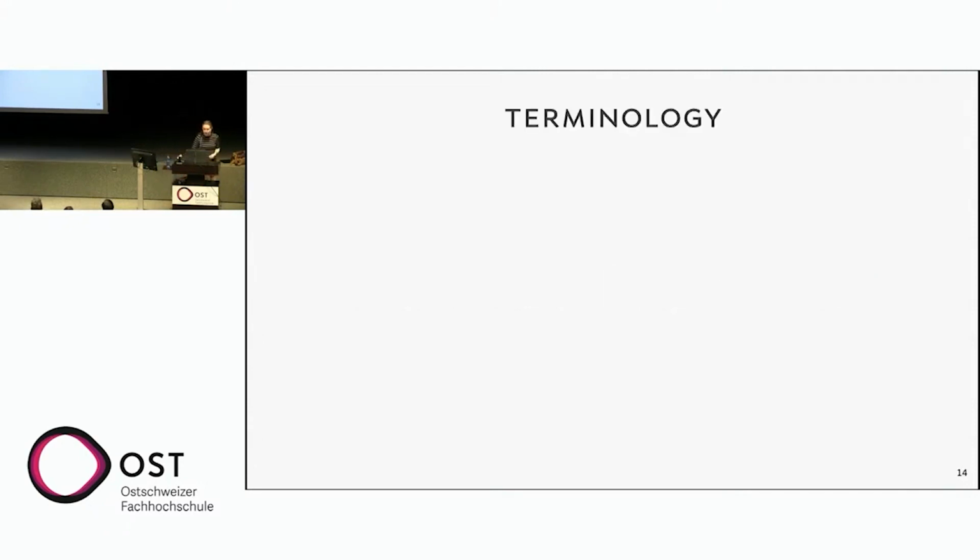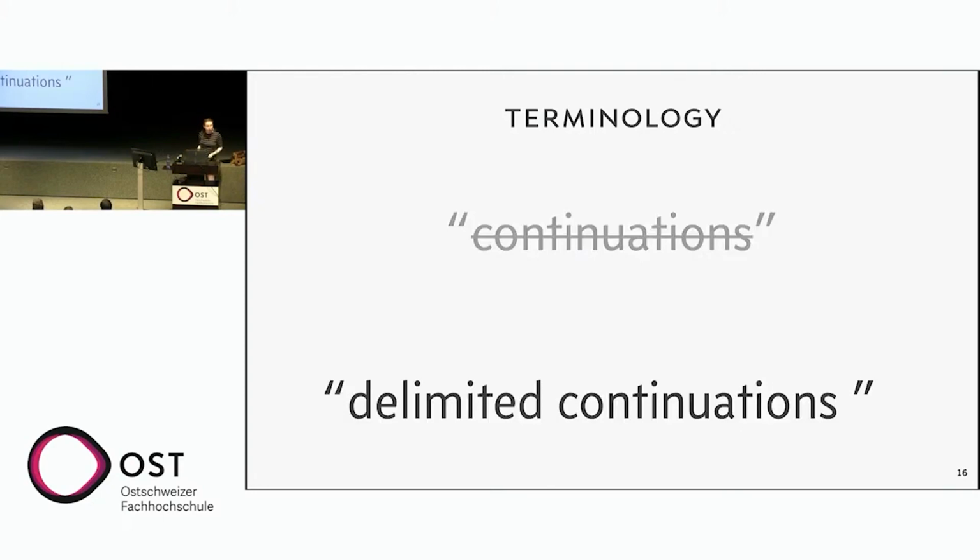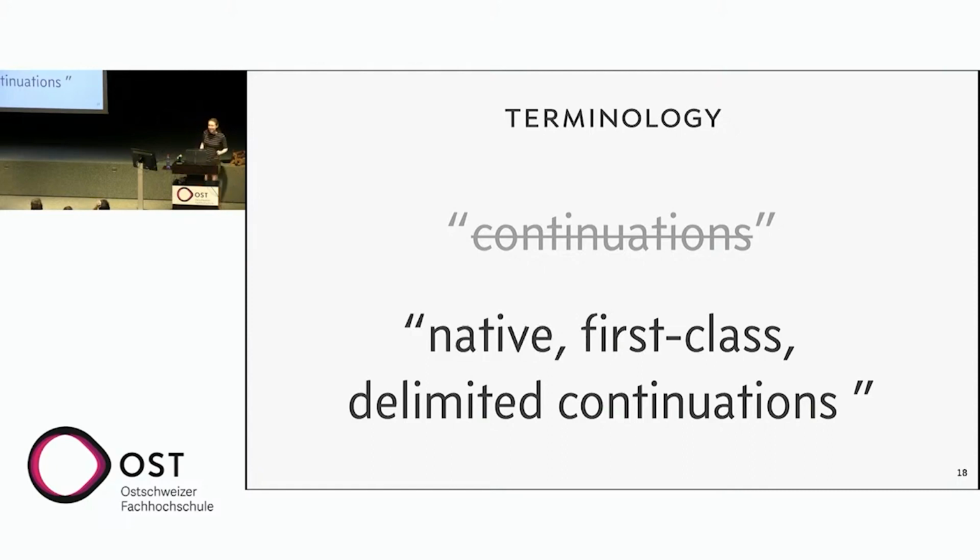To start out, I want to discuss some terminology. A lot of the time people will say continuations, and they really mean this as an abbreviation for, in some cases a few different things, but often for delimited continuations. And in fact, they're usually not even using it as an abbreviation for delimited continuations, but first-class delimited continuations. In this talk, we're going to be talking about native first-class delimited continuations.